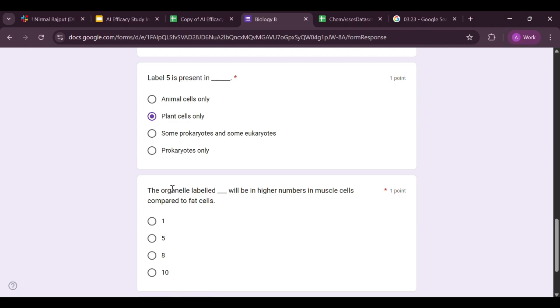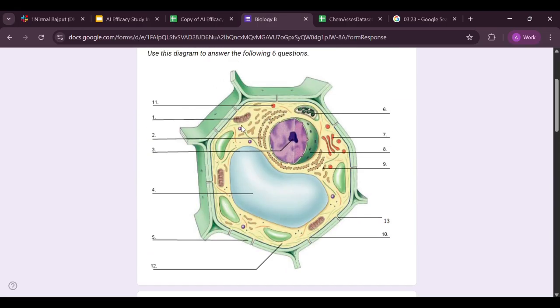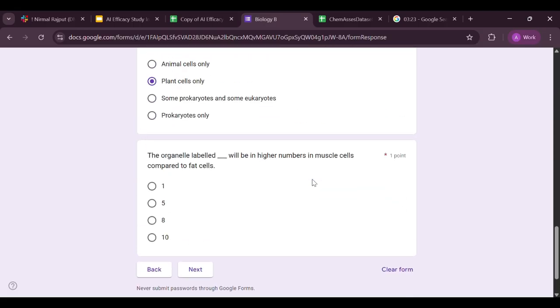The organelle labeled as dash will be in higher numbers in muscle cells compared to fat cells. This one, as we can see, is present in many parts. What are the other options? 5, 8, and 10.